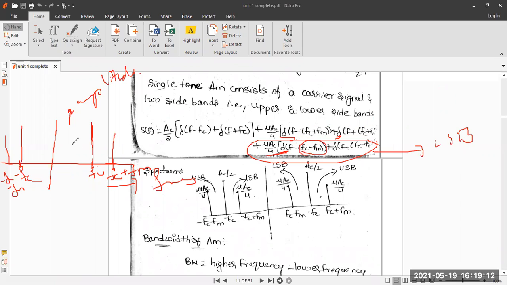Fc minus Fm means here. This is Fc minus Fm. So Fc, then Fc plus Fm, and Fc minus Fm. Next, impulse function where? At minus of Fc minus Fm.